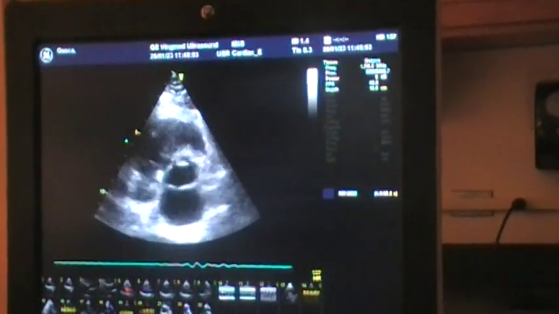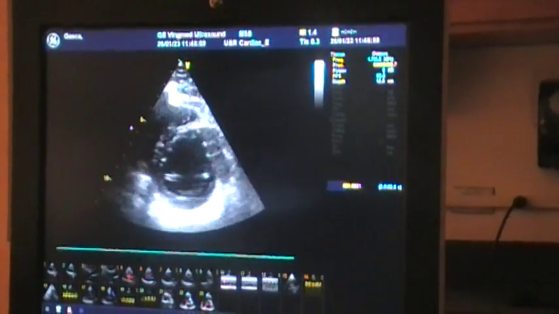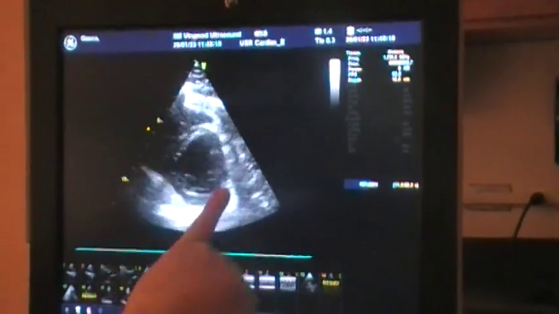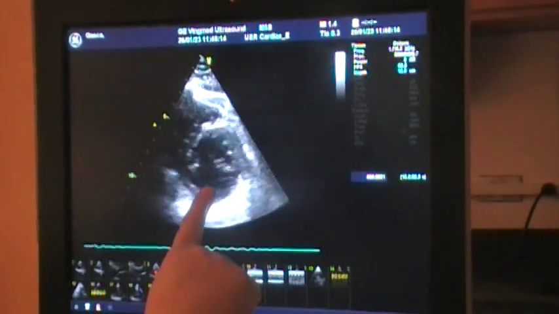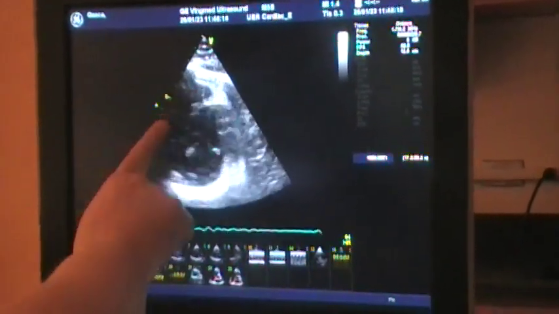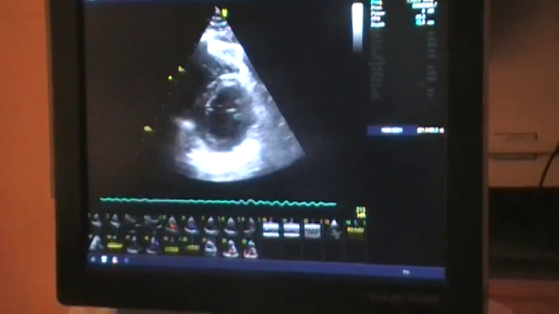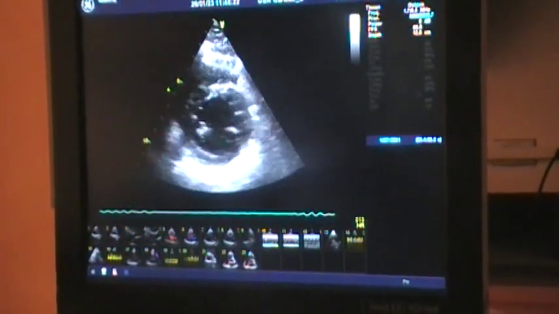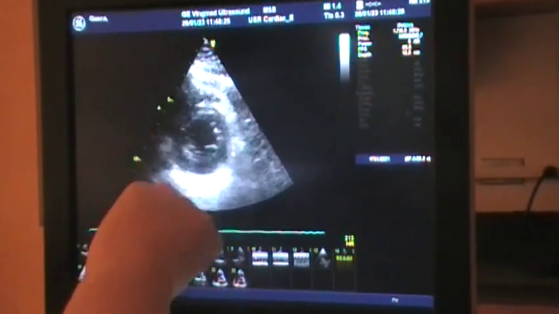We're gonna just angle down a little bit, and we're gonna get the mitral level. So this is left ventricle with a mitral valve, anterior leaflet, posterior leaflet. And then this is right ventricle here, so this is interventricular septum. And this is what we're actually talking about in class this week, the wall segments and the names.